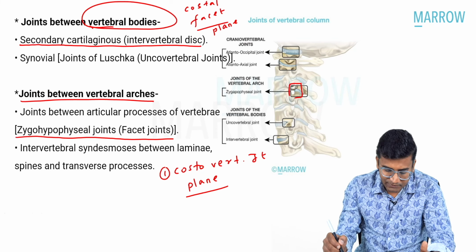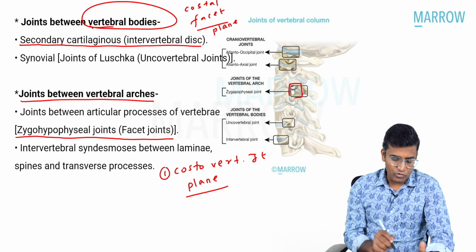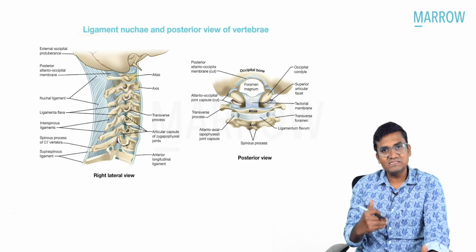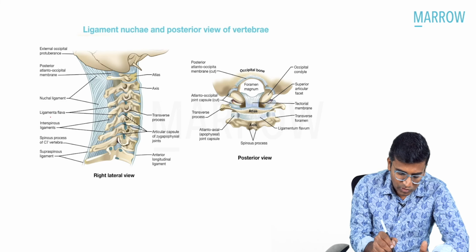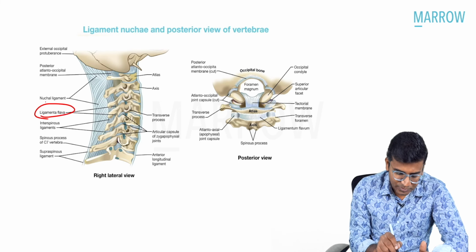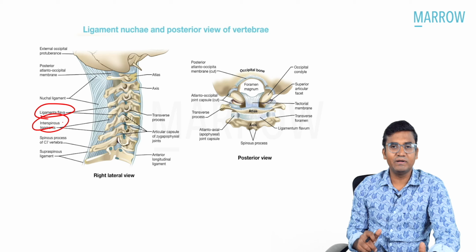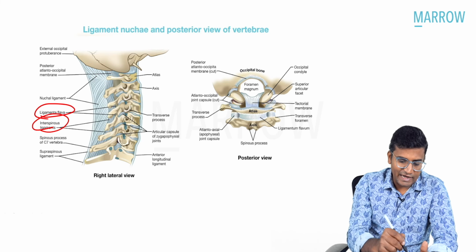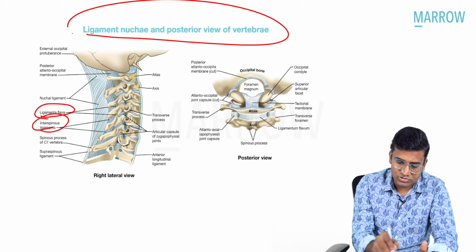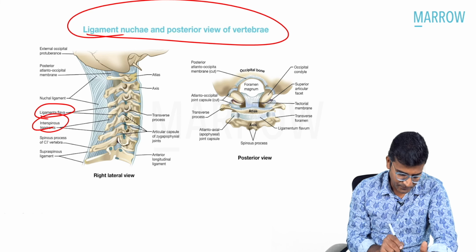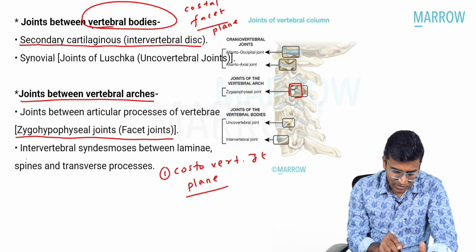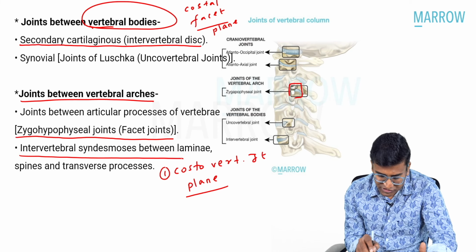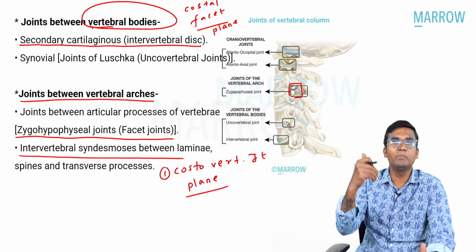And between the vertebrae, you also have ligaments connecting the vertebral arches. What are those? Ligamentum flavum, supraspinous ligament, interspinous ligament, longitudinal ligament. Again this is called syndesmosis type, a type of fibrous joint. So the joint between the vertebral arches is intervertebral syndesmosis; the bones are held together only by ligaments.